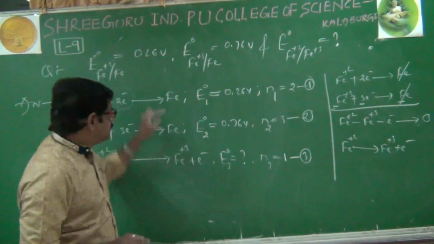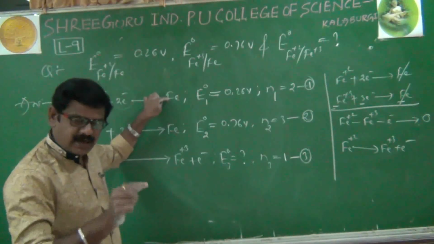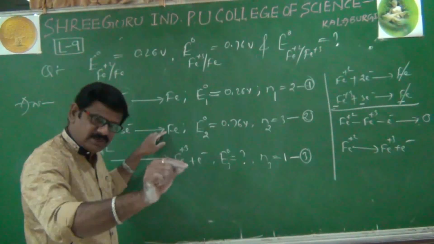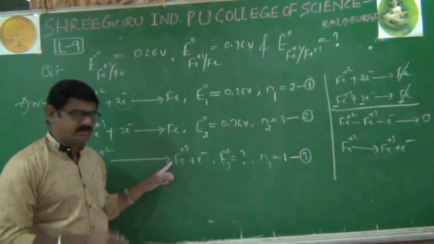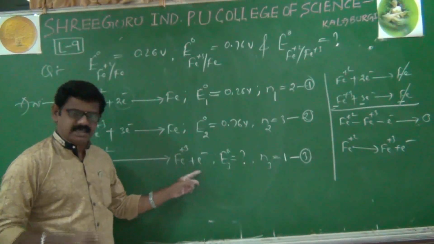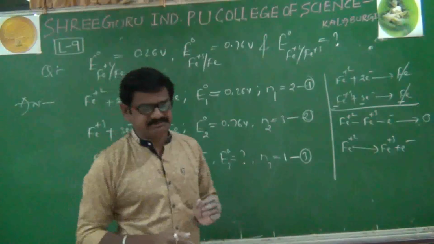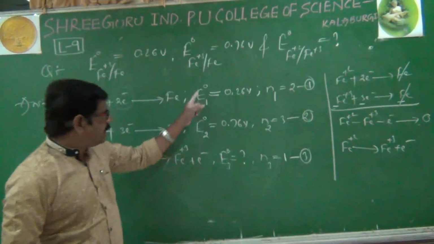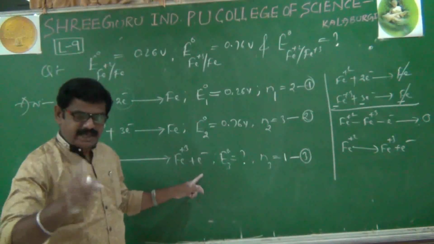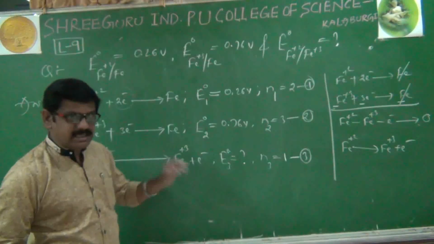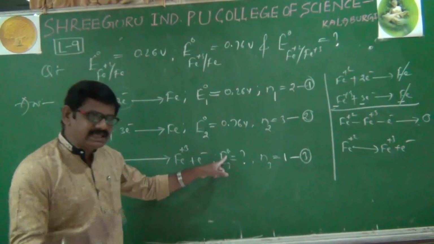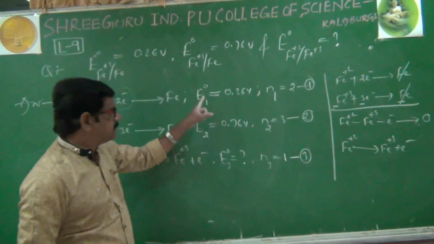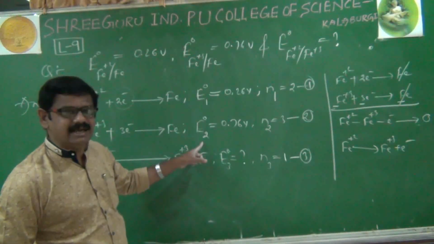Very simple. Here how many moles of electrons are involved? Here also the same number of moles of electrons are involved, and here also. If the n value is the same in all three cases, then we can directly say that E03 equals E01 minus E02.